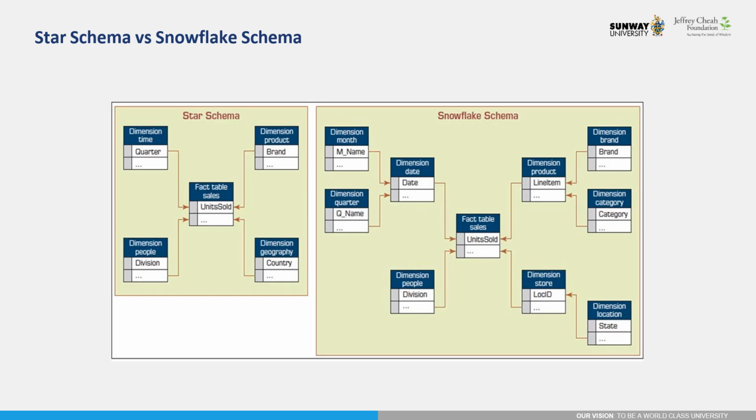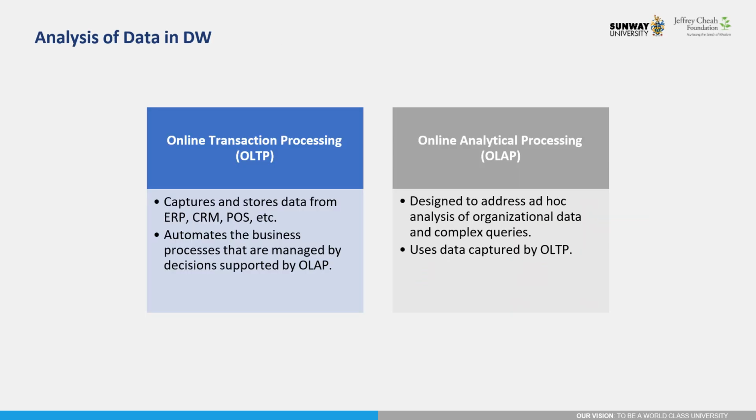The star schema has a straightforward one-step process, while this is a multi-step process. Now, online transaction processing, OLTP, is again a famous terminology, and online analytical processing, OLAP, is also a famous terminology. OLTP captures and stores data from ERP, CRM, and POS.